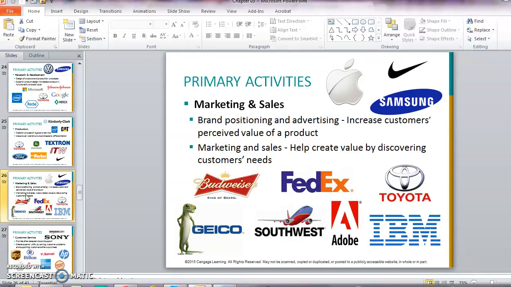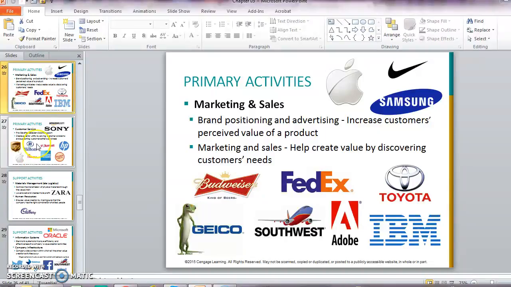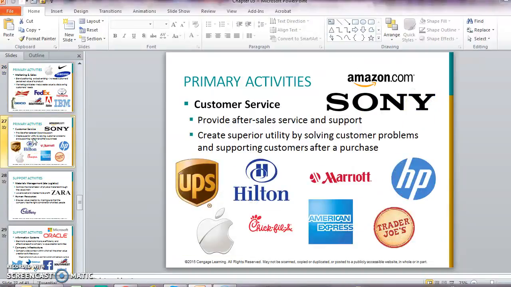The marketing and sales process adds value. Marketing and sales help position and advertise the product and help create value by discovering the customer's needs, which then go back to those who are designing and developing the products to make sure that they match with what customers are looking for, what value they are seeking.